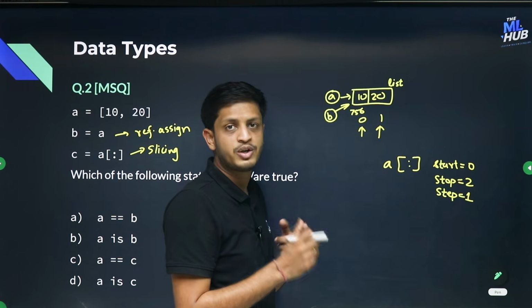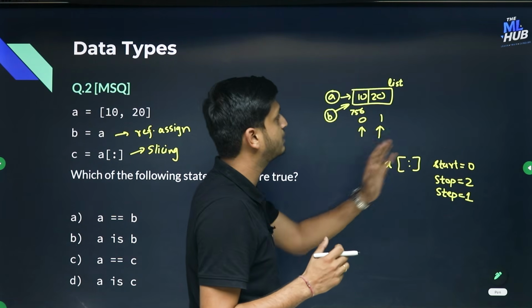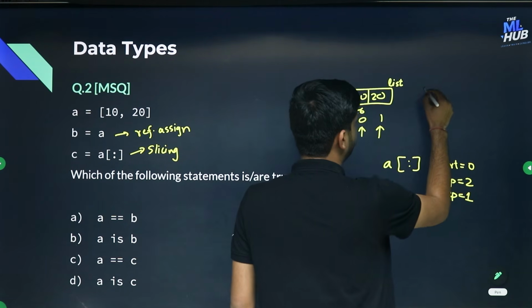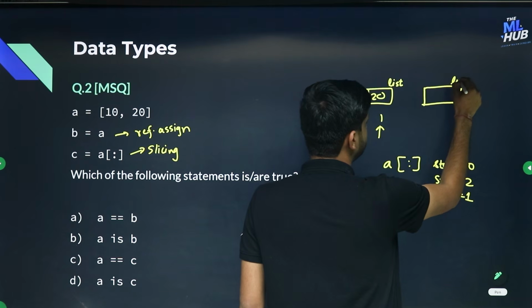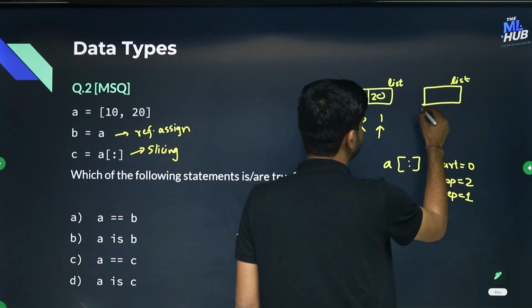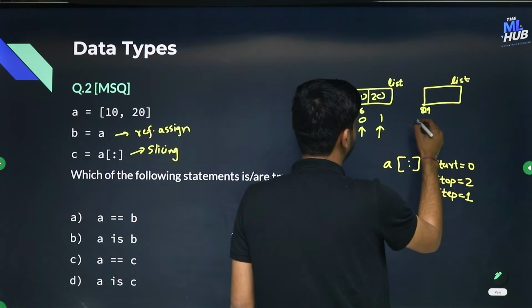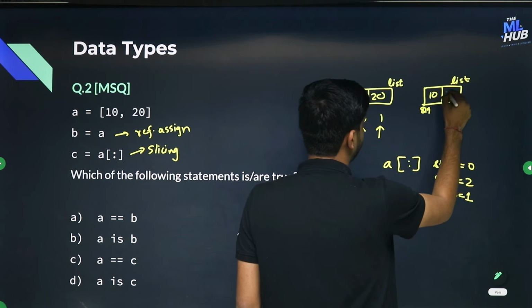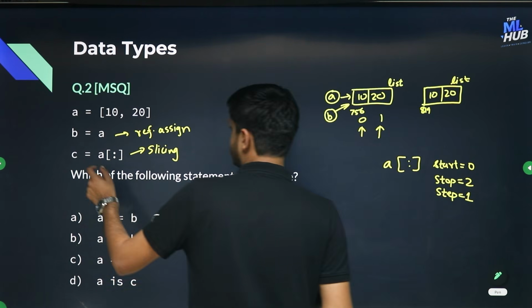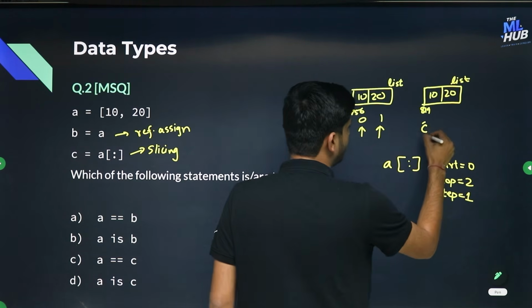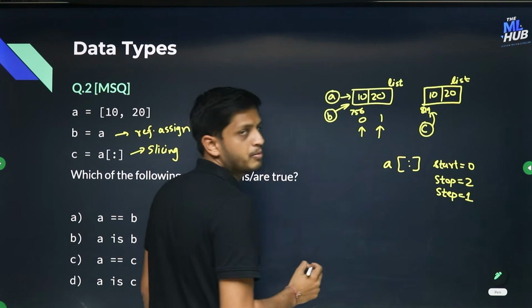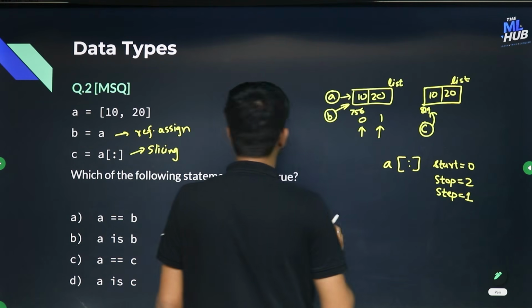For any collection, slicing will always create a copy of the entire structure. So here another list will be copied in memory, let's say at memory location 819, and it will again contain the elements 10 and 20. And variable C will be pointing here. So this is what A, B and C are.